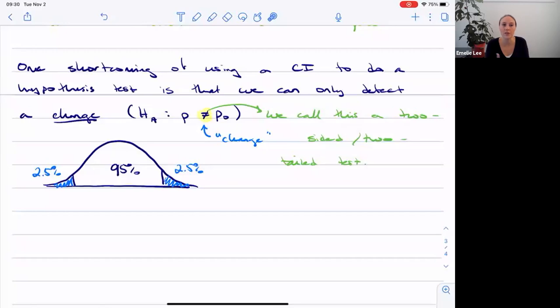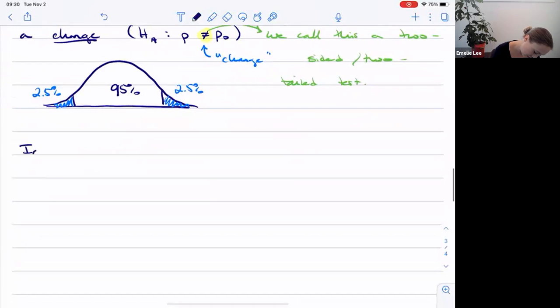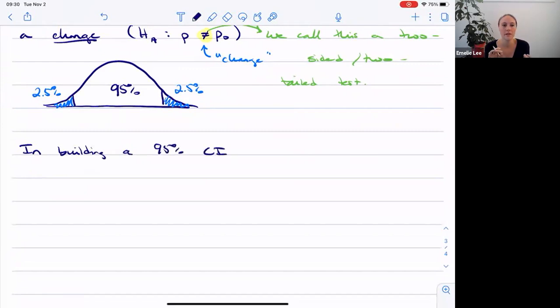But we know that we could just have a rogue sample that's not representative of the population, even if it was collected correctly. So in building a 95% confidence interval, we understand that there's a 0.05 probability that we're wrong.